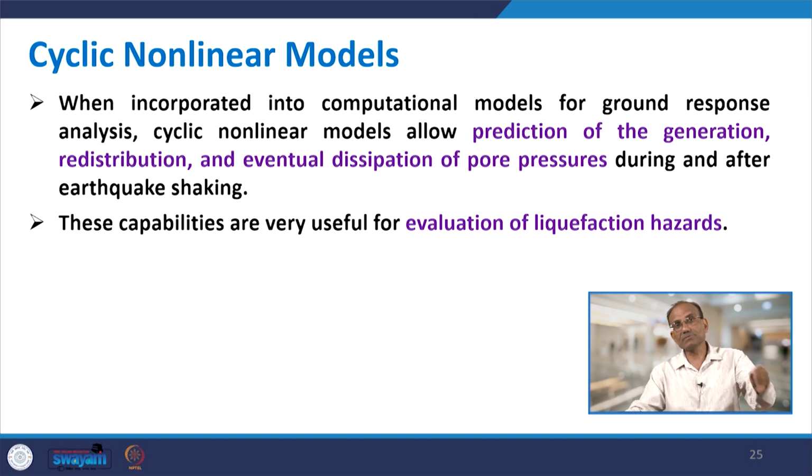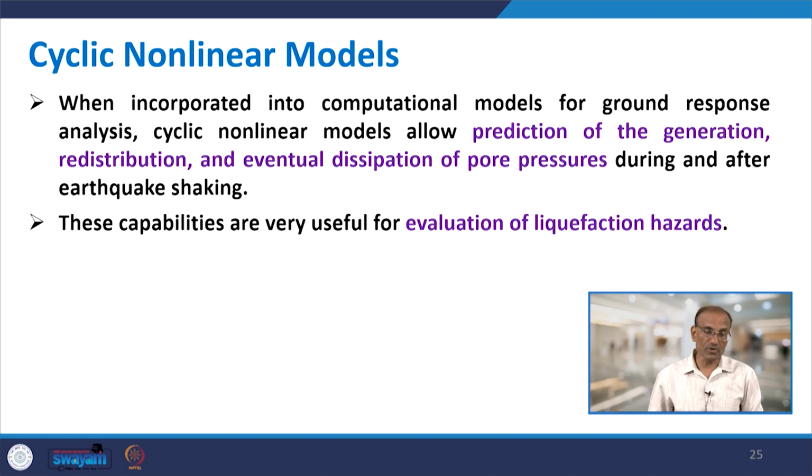So, because these models are able to develop the pore pressure, and are also used for ground response analysis, they will allow generation and dissipation of pore pressure during the shaking and after the shaking. These capabilities are very useful for evaluation of liquefaction hazards, because pore pressure generation is the hallmark of liquefaction, which we will discuss when we discuss the liquefaction of soils.